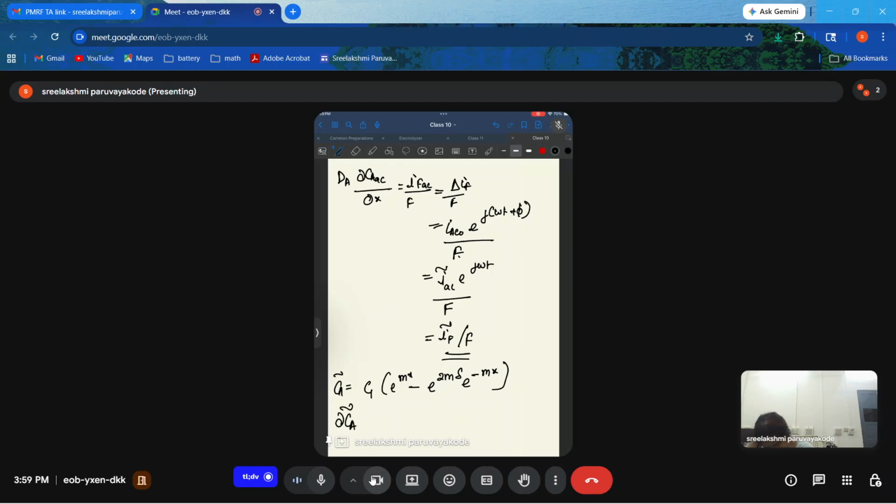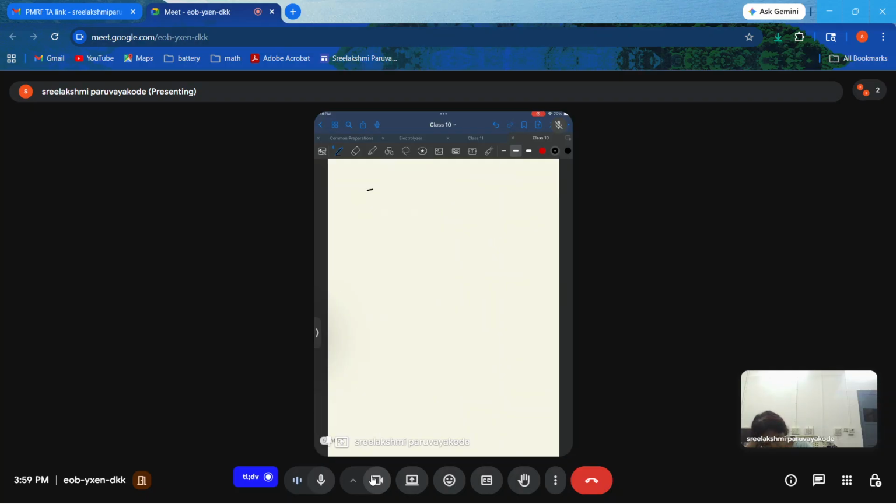We want to differentiate the above equation: C1 m into e to the power mx minus e to the power 2m del minus m e to the power minus mx. Now we just have to simplify it. C1 m e to the power mx plus e to the power 2m del e to the power minus mx.